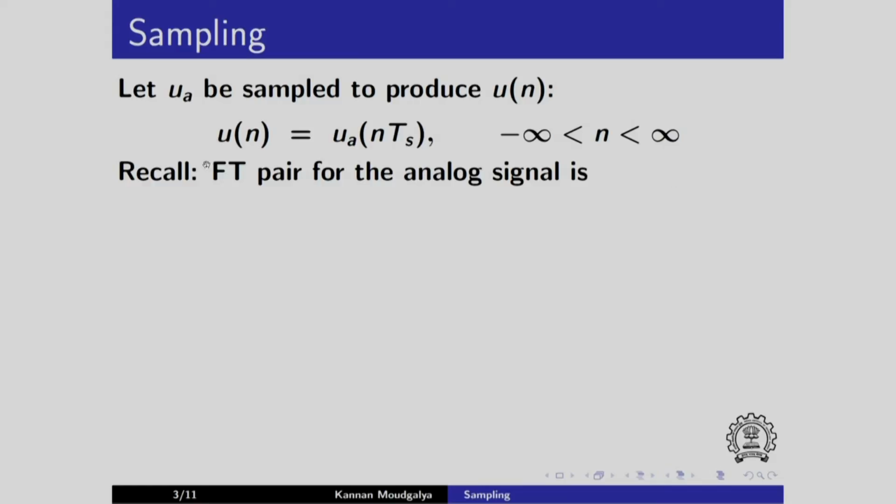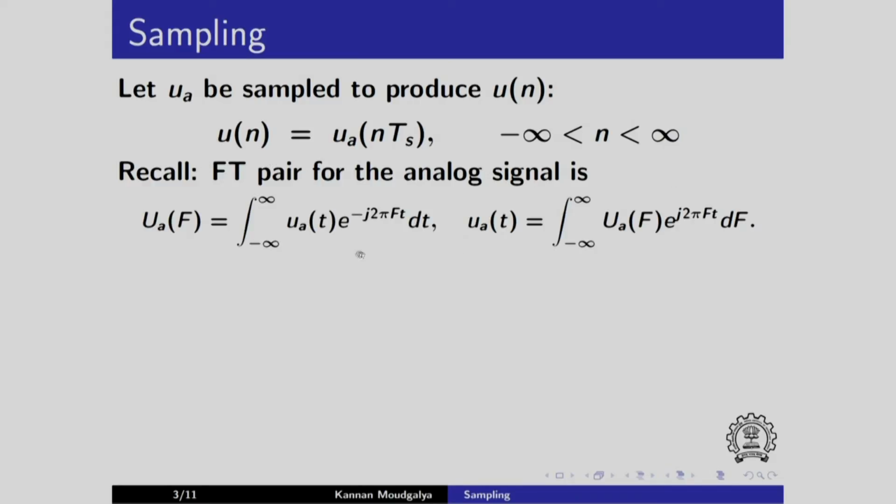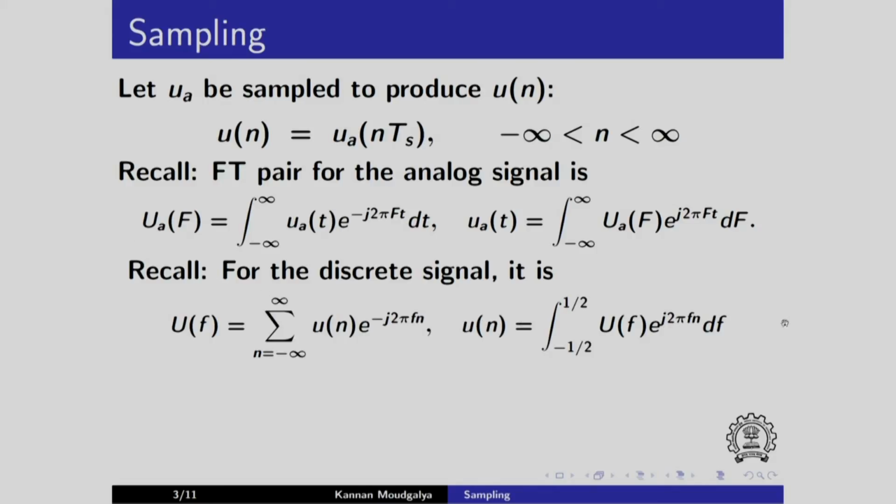Recall the Fourier transform pair for the analog signal. This is the time domain signal, this is the Fourier transformed signal. We have already derived this earlier. Similarly, for the discrete time signal, it is this.